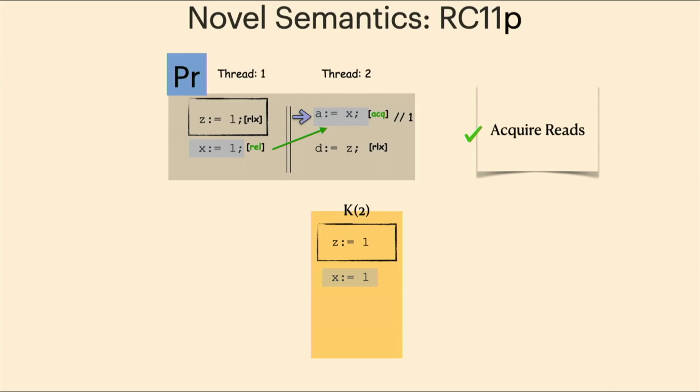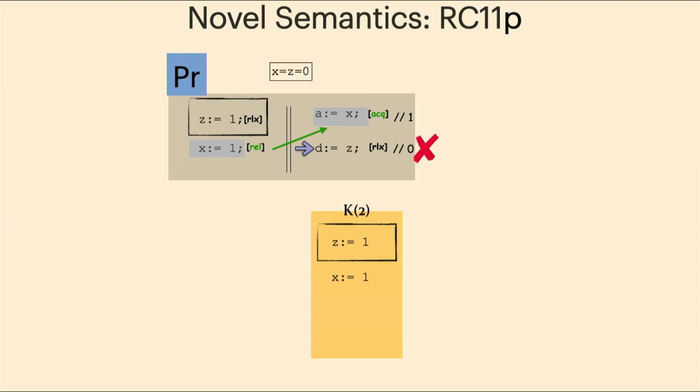So at the moment when this read happened, you can see this is already here in the knowledge of the second thread. And when you now try to execute this instruction, you cannot observe a behavior like this, because thread 2 now knows of this write, which is a later write than the initial write, and you cannot observe a value 0 at this moment. So this is how roughly our semantics works. We skip a lot of detail in the interest of time, but I think this would be sufficient to explain the main idea of the paper.